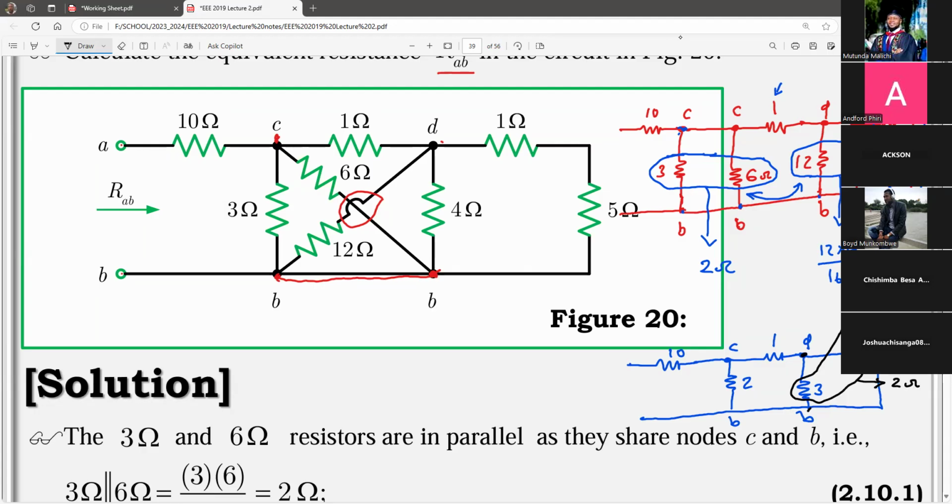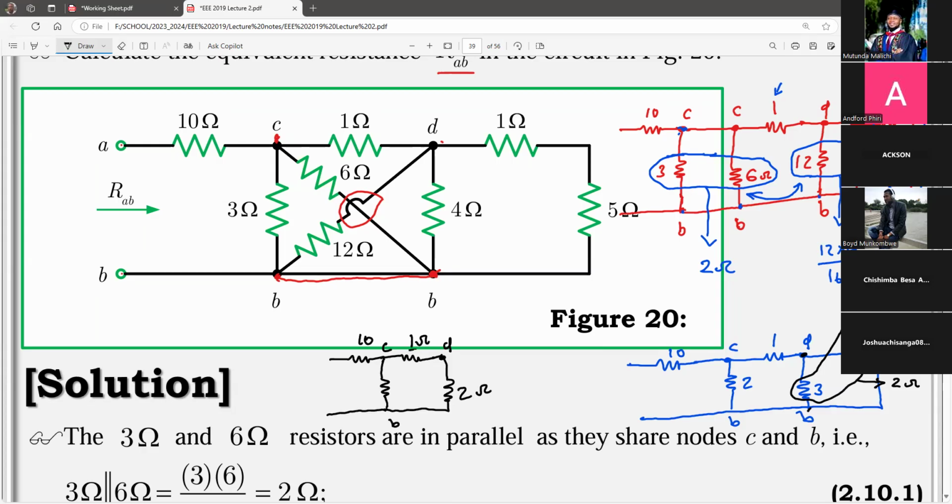And if that's the case, then your circuit reduces to 10 here, 1 there, then you have a 2 there. Now there is point D there. It is C. This is B. Then you have a 2 ohm there, 1 ohm, 10 ohms, like that.